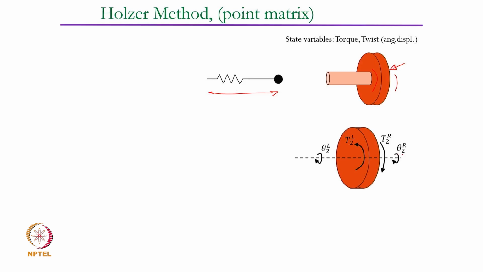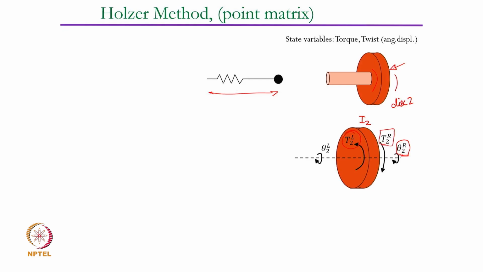So if this is the disk number 2, I am basically taking an example, disk number 2 and segment number 2, so this is going to have inertia which I can write as I2, and the twist on the right side of this inertia is going to be theta 2 r, and the corresponding torque on the right hand side is T2R.